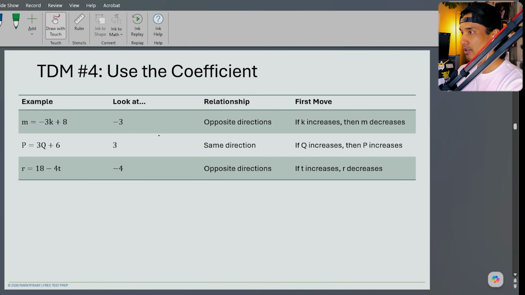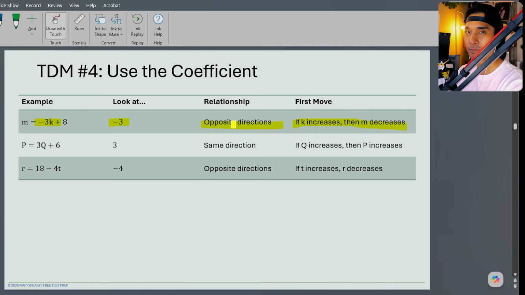Okay? Let me demonstrate here. I am looking at the coefficient with the variable, and the variable is k. I notice that the coefficient is -3. So I know whenever I choose any number and plug it into k, the sign will be opposite.